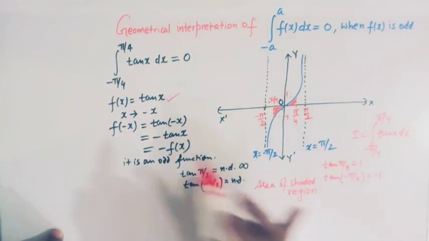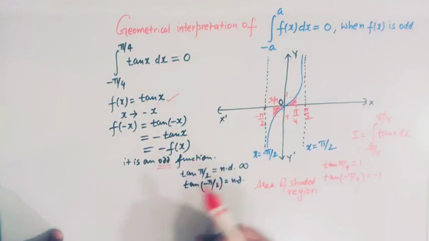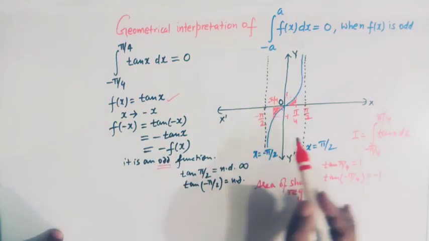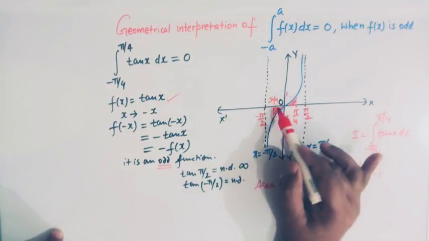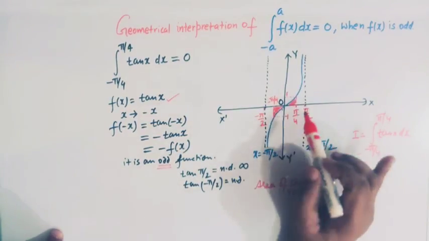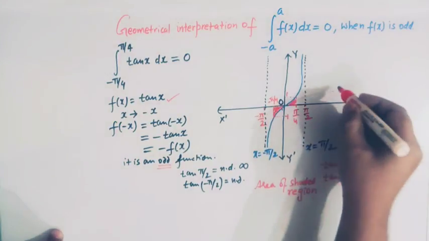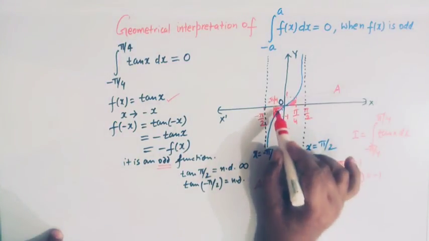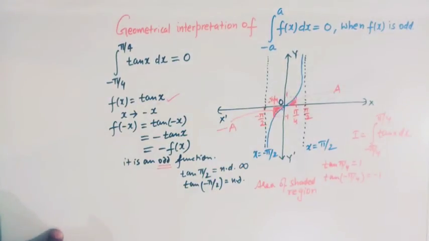Why? Because this function is an odd function, and the graph of an odd function is symmetrical about the origin. So we conclude that this area is equal in magnitude to this area, and moreover, if we represent this area by a, then this area should be minus a. Why?